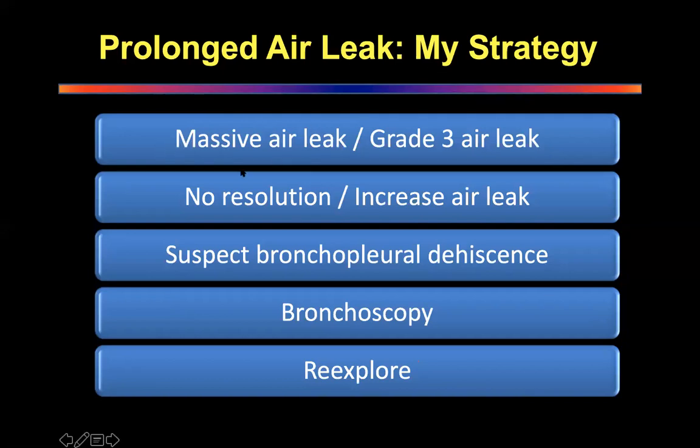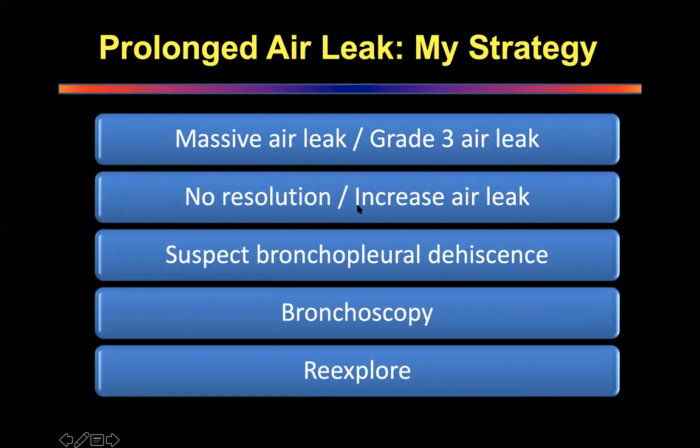Of course, post-operatively, if on the ward round, I found that the guy's got a massive air leak, which is not in keeping with the operation that I've done. I mean, if I've done an LVRS, that's a different thing. If I've done a massive decortication, but if I've done a straightforward lobectomy and then I find there's a massive air leak, or there is a grade 3 air leak and there is no resolution of that air leak.